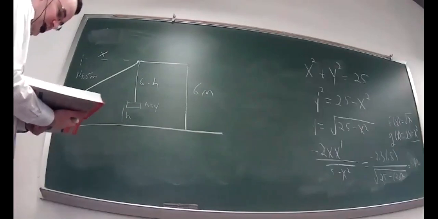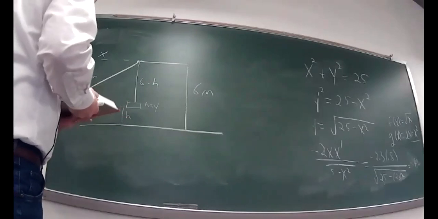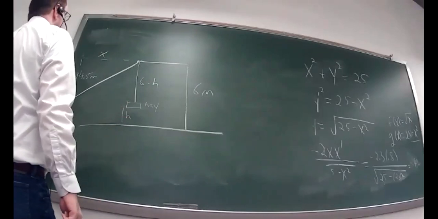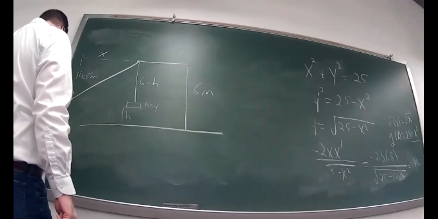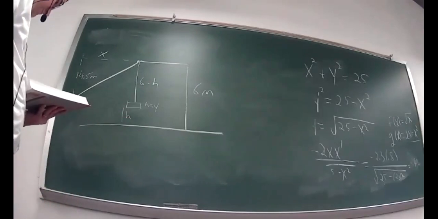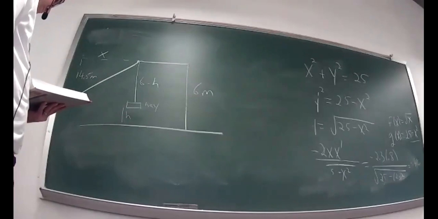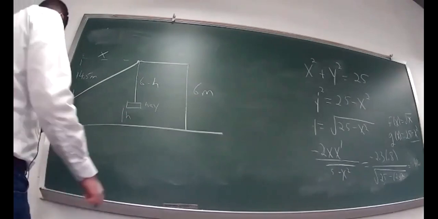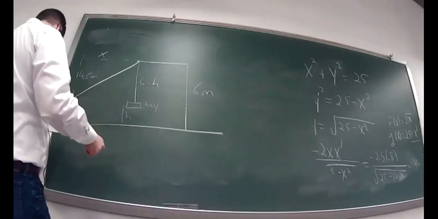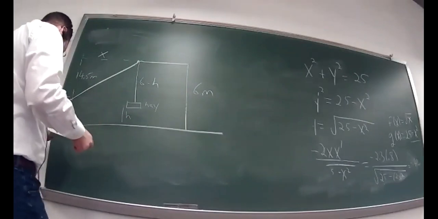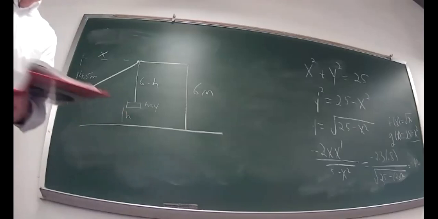Okay, so the tractor travels at 3 meters per second, pulling a rope attached to a bale of hay through a pulley. With the dimensions as indicated in the figure, how fast is the bale rising when the horizontal distance is 5 meters?